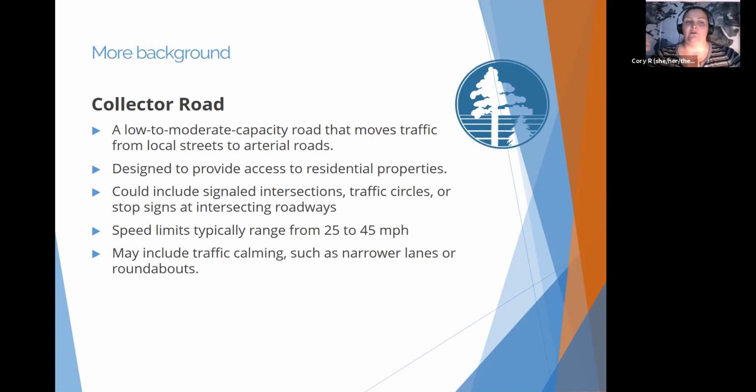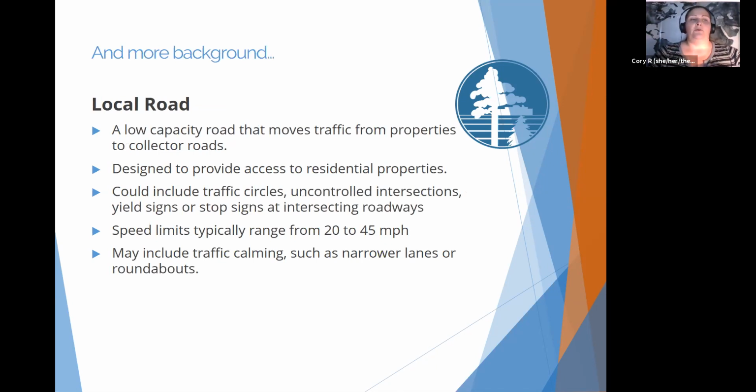So we can take them from the much lower speed roads and push them onto a higher speed road, hopefully getting them to their destination faster and safer. There's a lot of debate around safeness, but that's the idea. So we have these collectors that take neighborhood traffic and put it out to our arterials. And then our local roads.